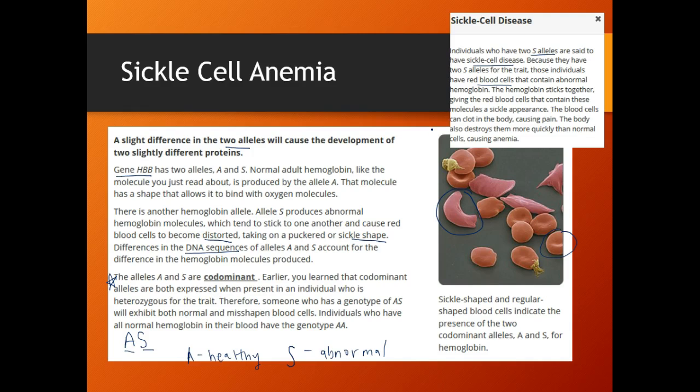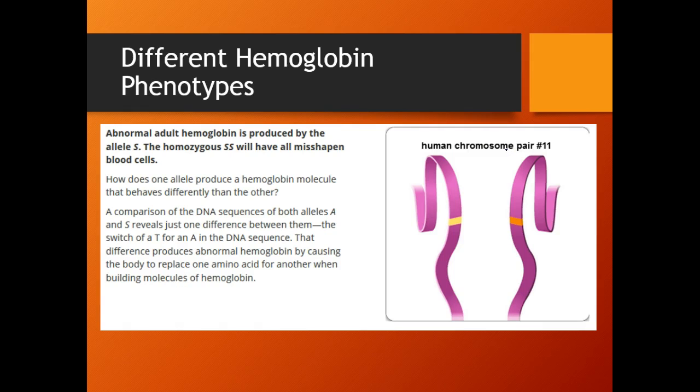So the reason why this is dangerous is because it can clot in the body, which causes lots of pain, and can cause anemia. So abnormal adult hemoglobin is produced by that allele S, and the homozygous SS genotype will all have misshapen blood cells.